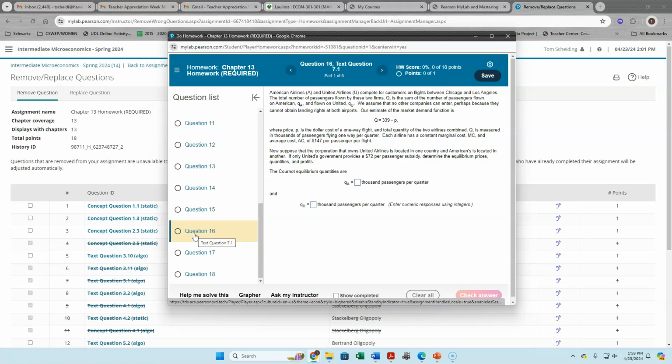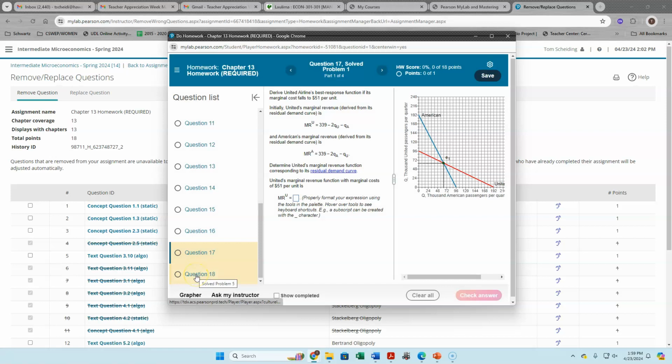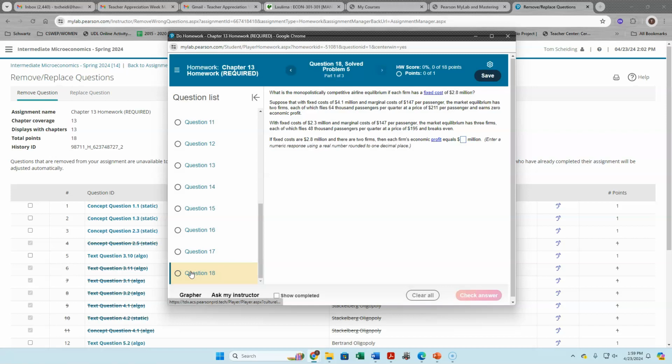Again, it's not difficult. This is one where we're differentiating. We have two different markets that exist. But again, I'm going to keep it a little simple here since we're towards the end. And then number 17, same structure as number 16, two separate markets, and looking at those demand curves.